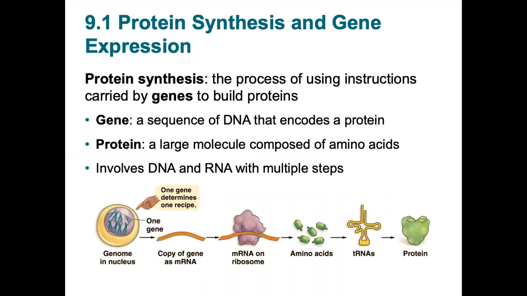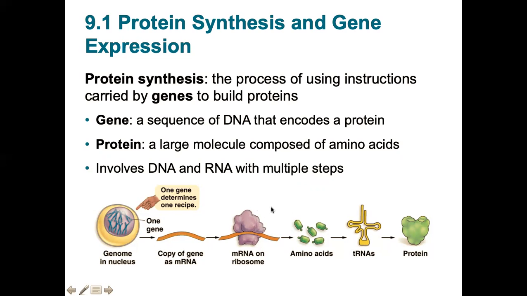So remember, we have a genome, and a gene codes for one protein. And I did draw this on a previous slide. The genes are going to be on the chromosomes in the nucleus of a eukaryotic cell. And in order to turn that into a protein, we need to copy it into a message.